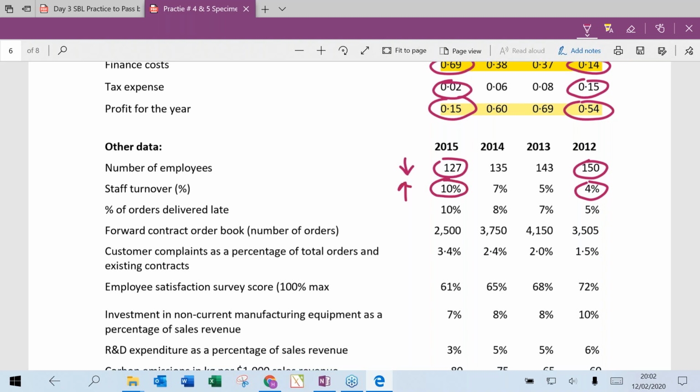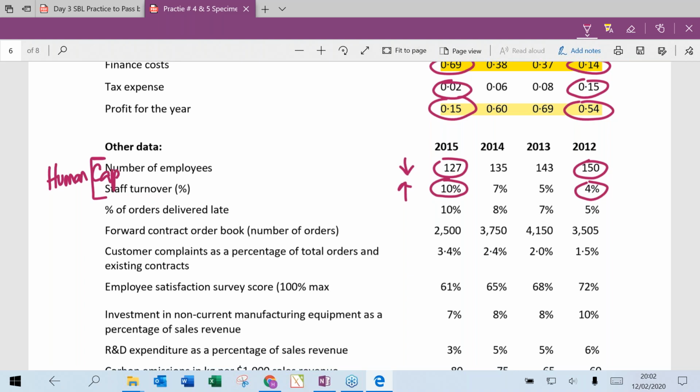It has gone up. Is it good or bad? If staff turnover increases, is it good or bad? Yes. So our number of employees is falling and our staff turnover is increasing. Where will this information go? Employees and staff turnover. Which capital? Human capital. Very good. These two are human capital.